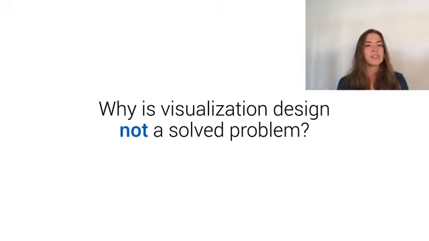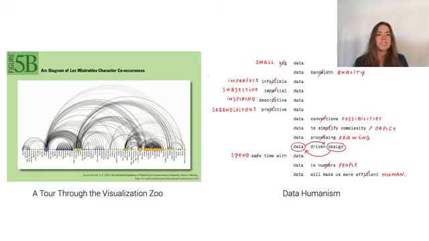And to help see the variety of information and the variety of techniques that we have for choosing different visualizations and representing different data, I encourage you to take a look at this week's readings. The first of these readings is called A Tour Through the Information Visualization Zoo.